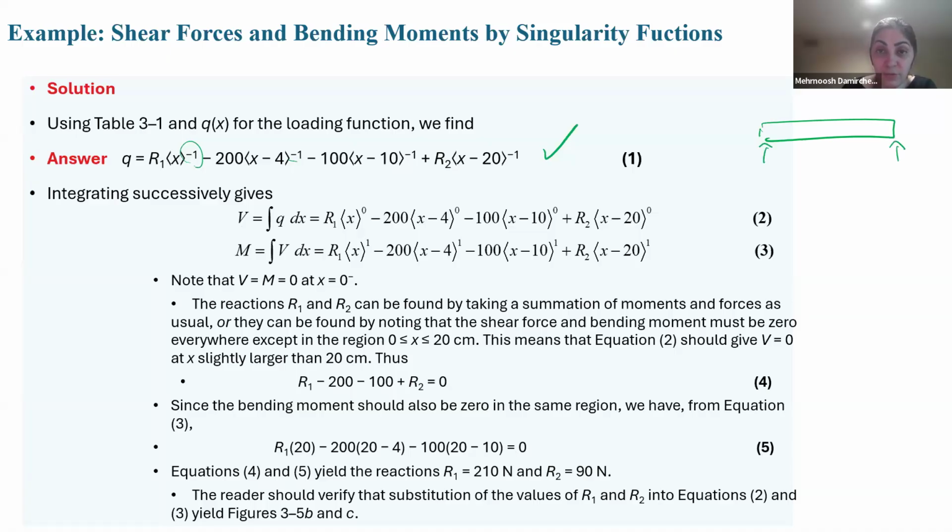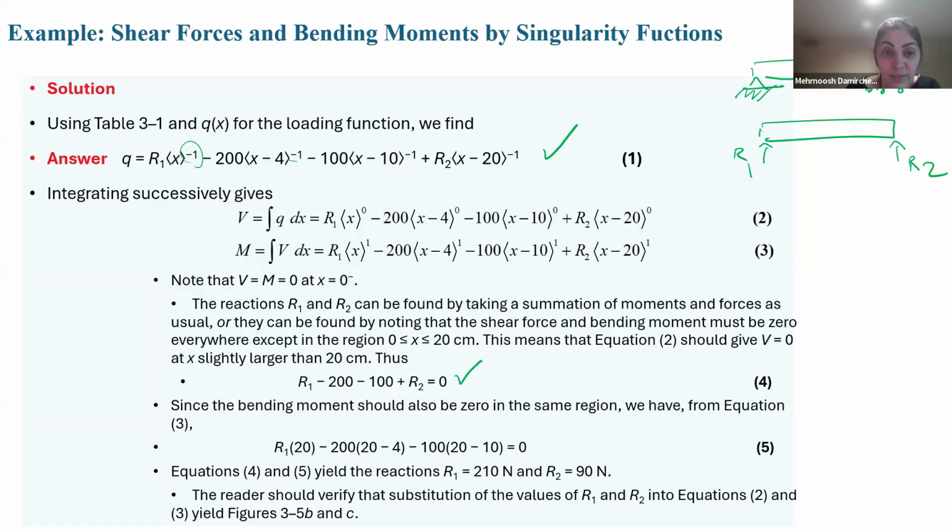It is R1, R2, which means roller or such as this, for example. Simply supported. So V and M at x = 0 equal 0. What should we do? So easy. If x is 0, everything such as x minus 4 and so on will be 0.